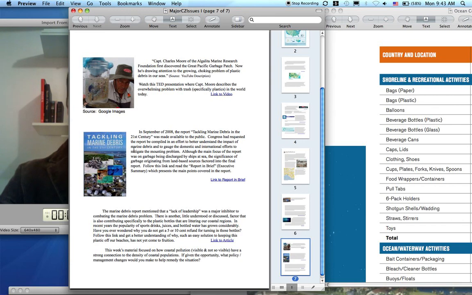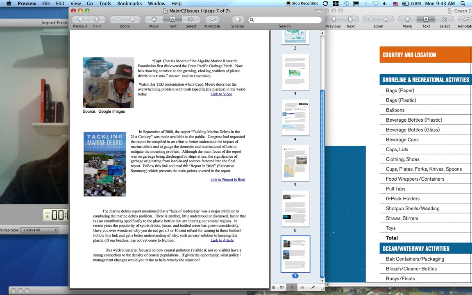This report tackling marine debris, which Congress requested, a 2008 report, again gives insight as to ideas for tackling it, as well as the reality of what exactly it is that we are facing.